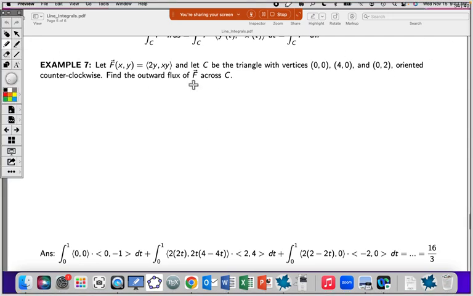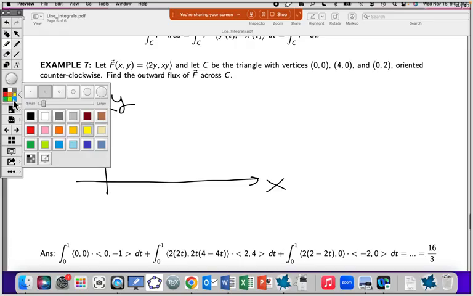We don't have time to finish this example today, but just to set it up, we'll finish and do the flux integral next time. We've got a triangle with these vertices. There's one like this on your take-home, so we'll do this tomorrow.